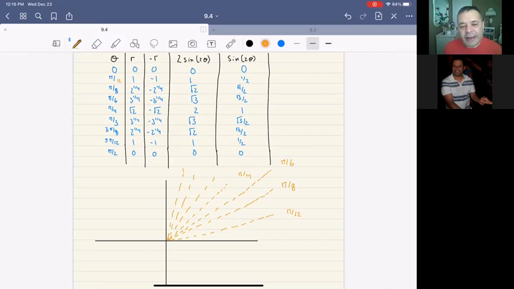Okay, now at pi over 12, what is the r value? The r value is 1 and negative 1. Oh man, I should have gone this way too.